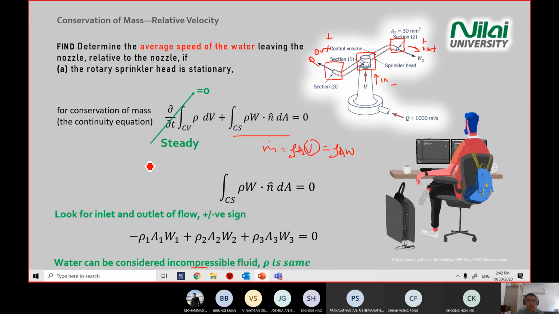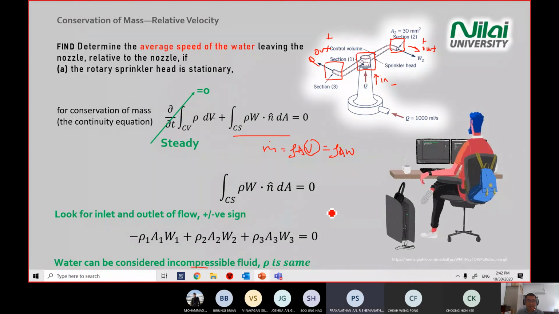How can we find the density is the same? In this case, you don't need to use a density because your water is incompressible. When it's incompressible, all the densities here are equal, so you just take them out of this equation.